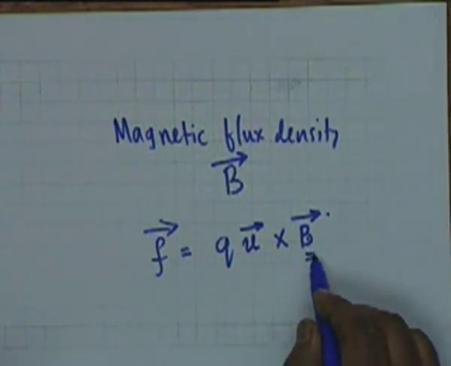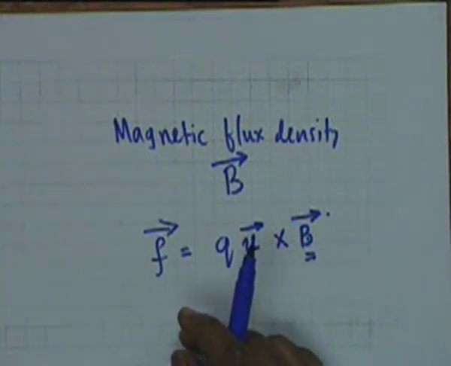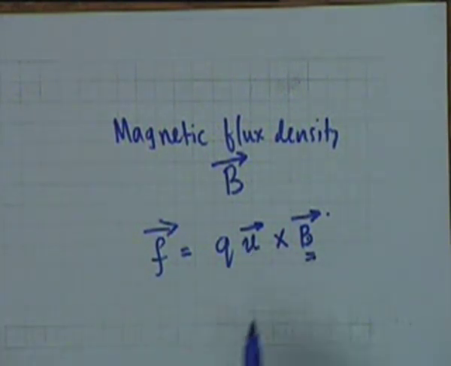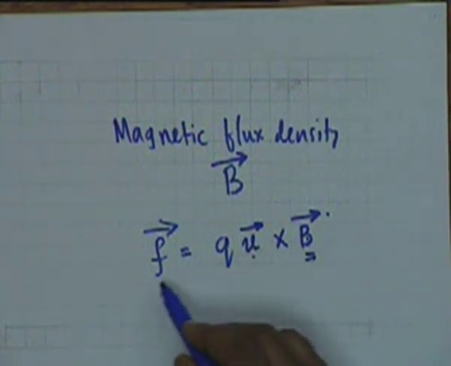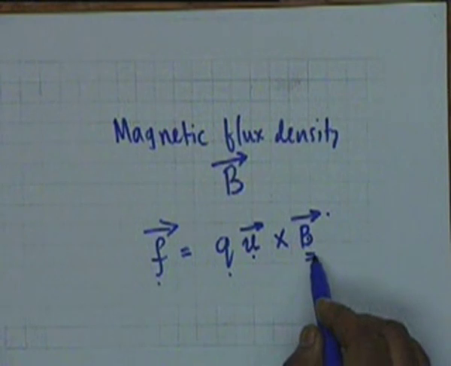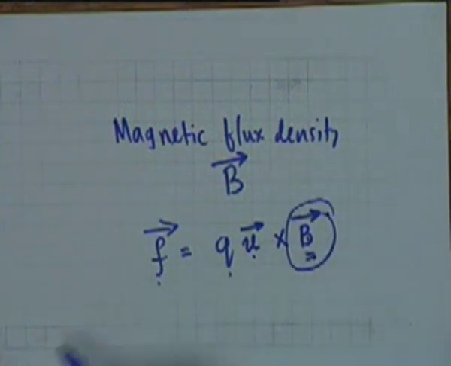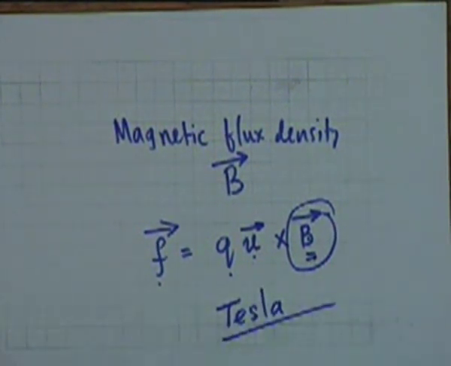You see, we have defined force in newtons, which is an absolute mechanical quantity. There is an absolute standard for this. There is a standard for meter, there is a standard for time. So meter per second is the velocity, this is in newtons, and we have already defined a coulomb, and therefore it becomes very convenient to give a unit to B, that is the magnetic flux density, and this is named after the Czechoslovakian, was it Czechoslovakian?